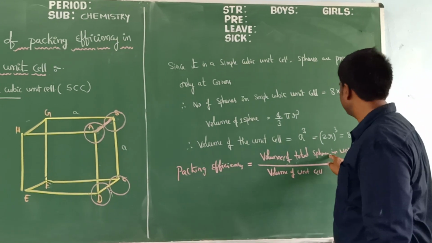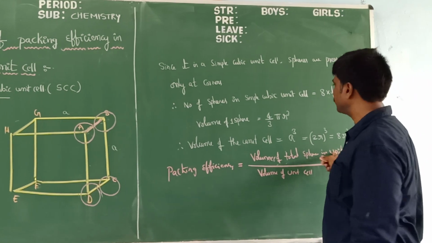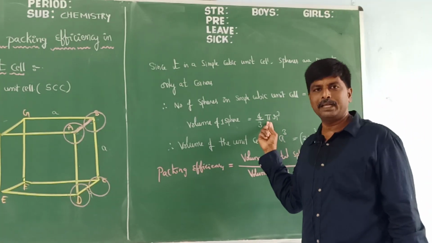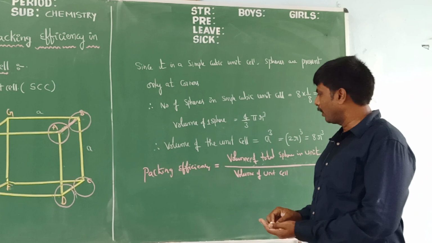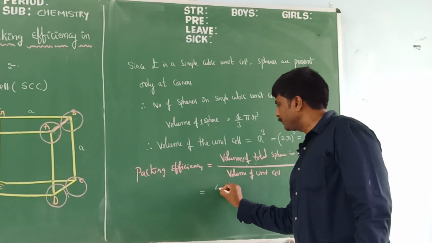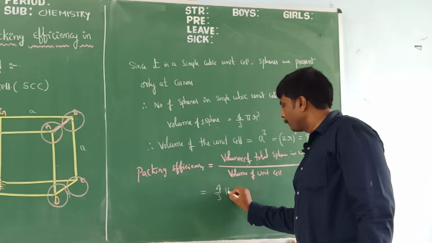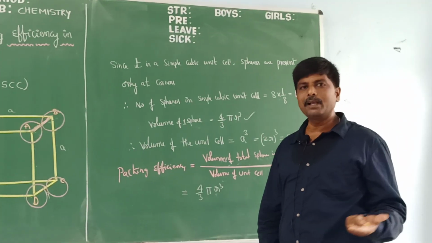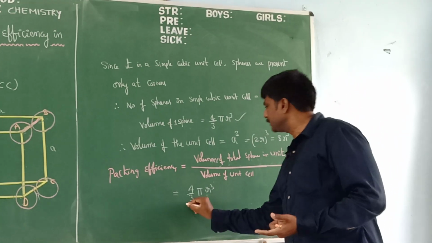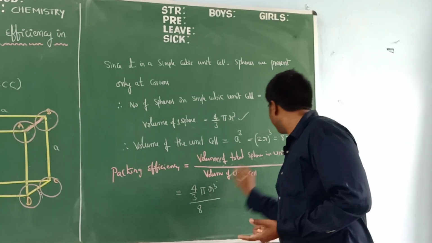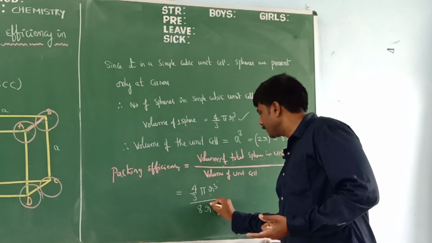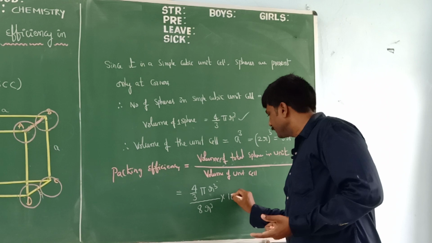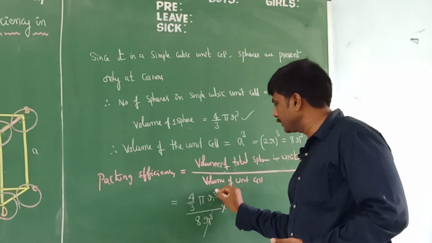This is already calculated. Volume of total spheres means volume of one sphere, which is 4 by 3 pi r cube, divided by the volume of the cube, 8 r cube, into 100. So r cube cancels.